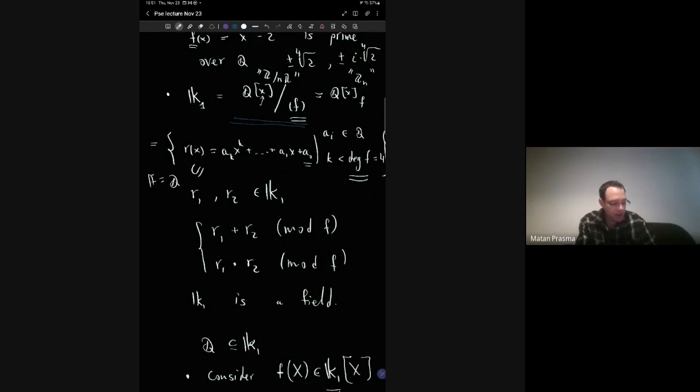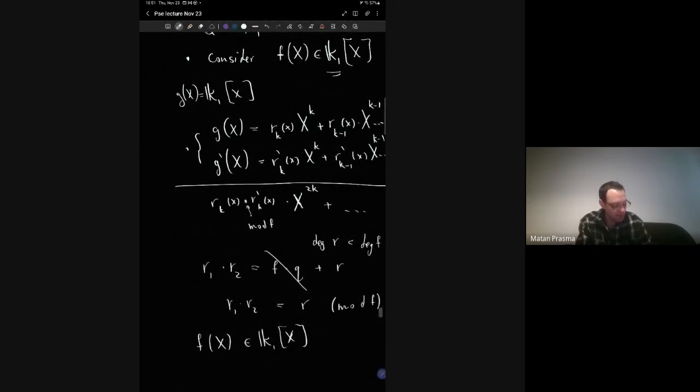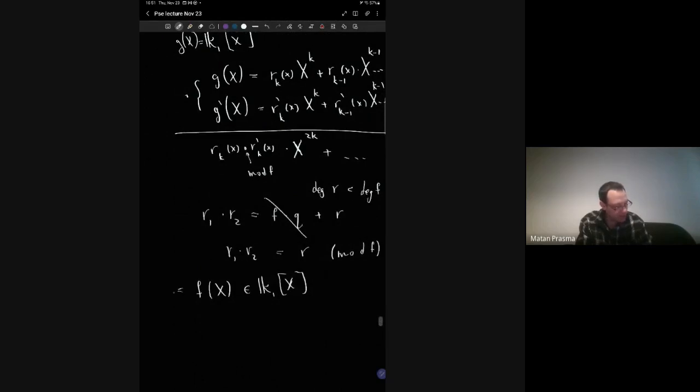In particular, if F was x to the 4 minus 2, I regard the 2 as a constant polynomial. Let's call it r0(x), I call it 2. And now F is a polynomial over the field K1 with a new variable, capital X.